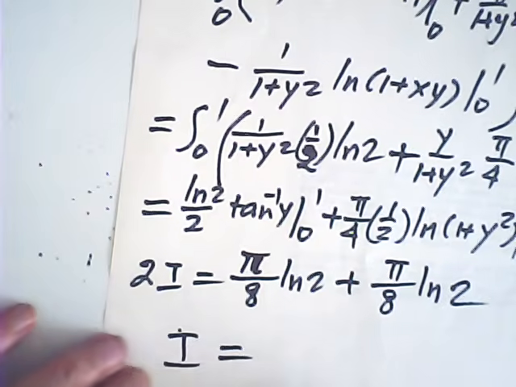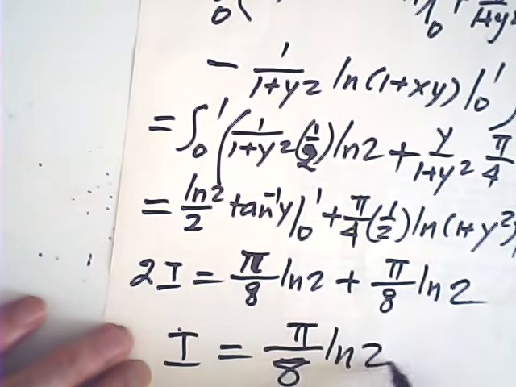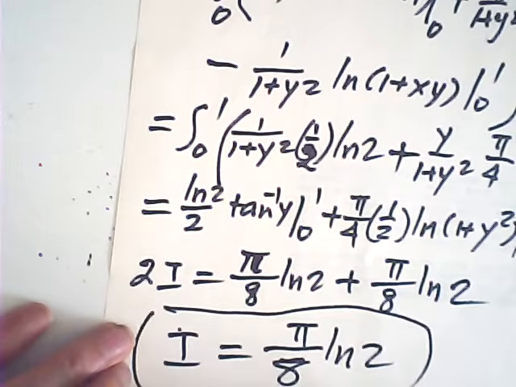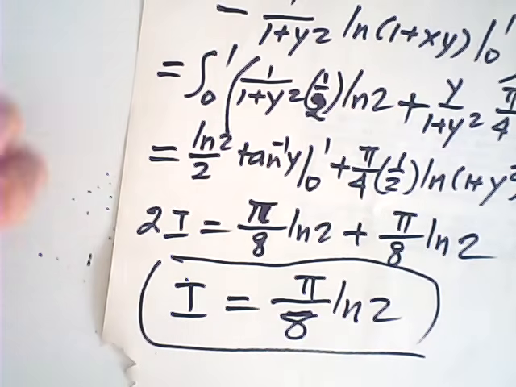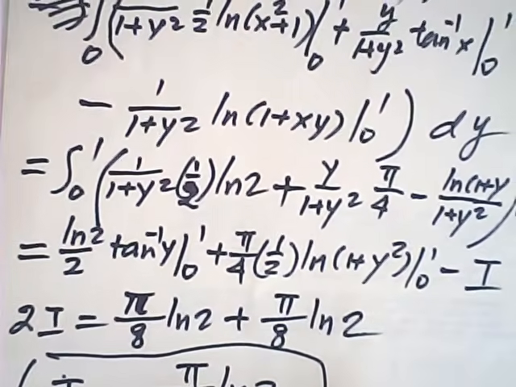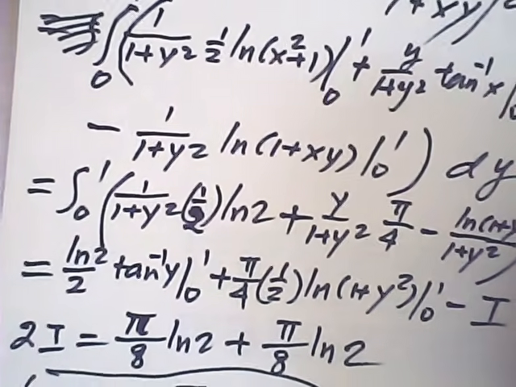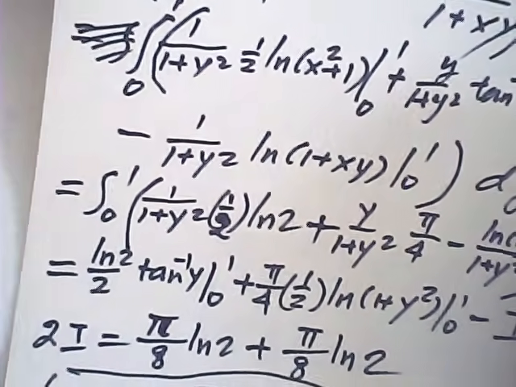Therefore, I is equal to 1/8 pi log 2. Wow, what a method. Well, anyhow, I got it. This is method 5. Now, method 6.